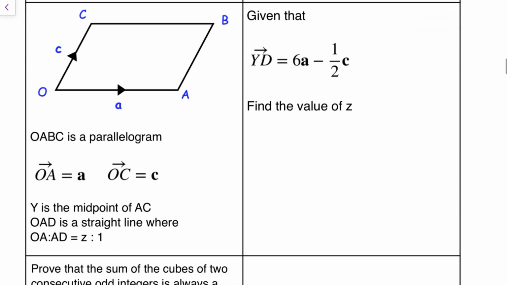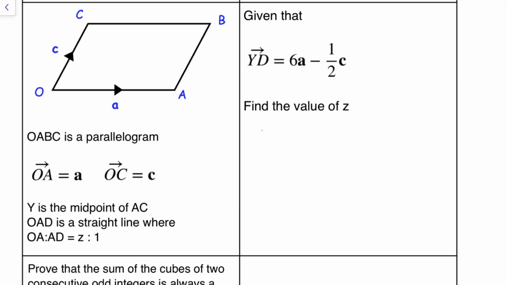Next question. And now we have a vectors question. Wow. Let's read through what we've got. So OABC is a parallelogram. So straight away that's important because then I know that this is also A and this is also C. And then it says Y is the midpoint of AC. Okay, so AC is a diagonal, all right, and so Y is in the middle. Okay, and OAD is a straight line. So that's here.